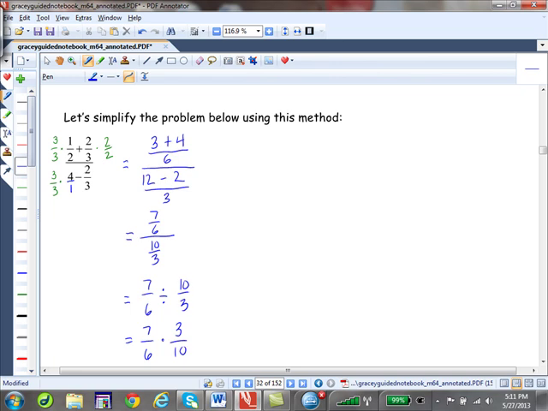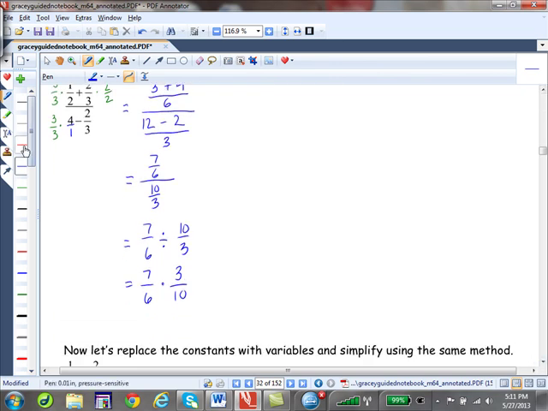So we flip that 10/3 and multiply by 3/10. The 3 goes into itself once and into 6 twice. So at the end of the day, when we multiply across, we get 7/20, and we're done. Okay?